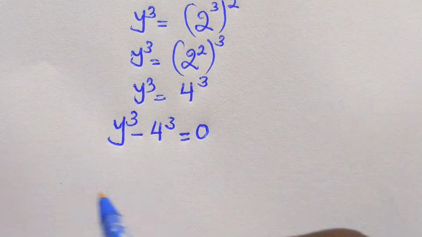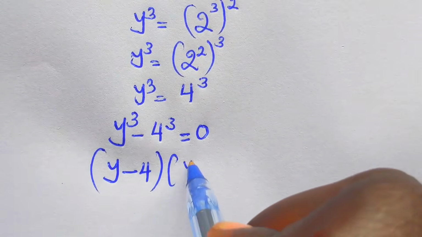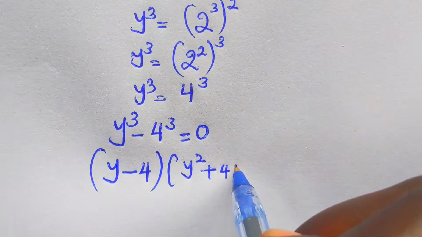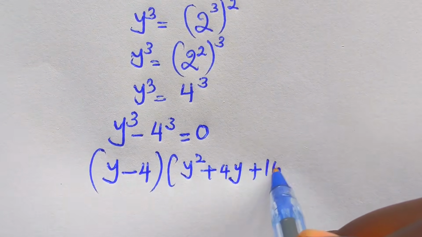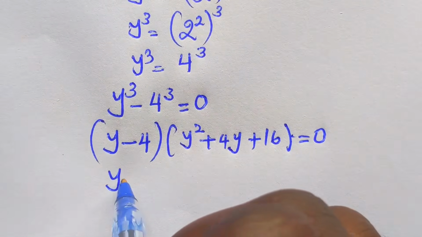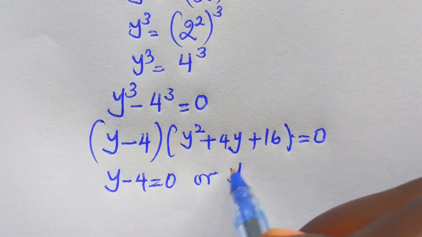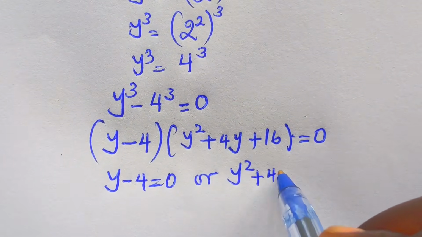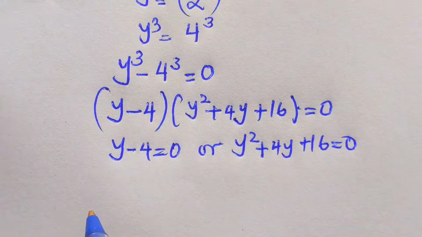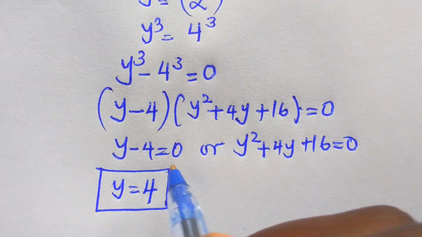And here at this stage, we can say that (y minus 4) times (y squared plus 4y plus 16) will be 0, and of course y minus 4 equals 0, or y squared plus 4y plus 16 will be 0, and here y will be 4 as the part of real number.